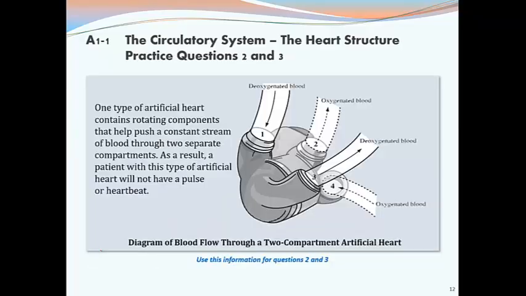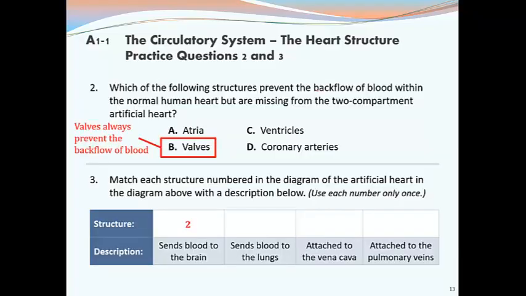We can see that here it is, oxygenated blood leaving that heart. That's what we want to have coming to our brain. Oxygenated blood comes to the brain. Sends blood to the lung. That would be component number 3. That would be sending deoxygenated blood to the lungs to become oxygenated.